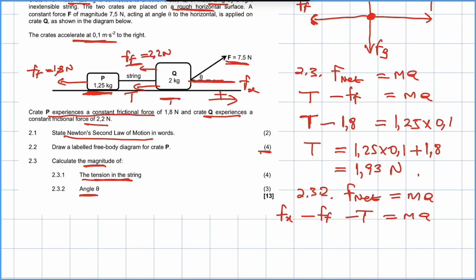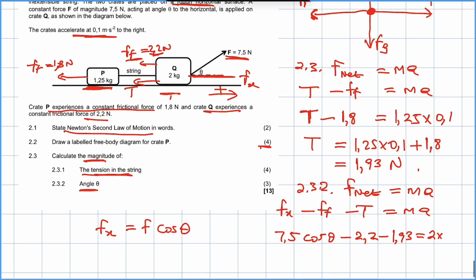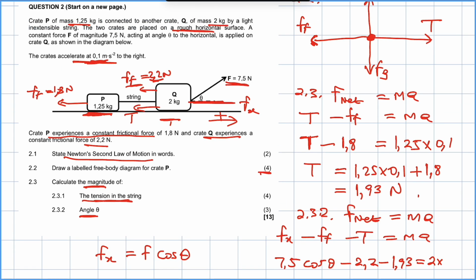Remember Fx is F cos theta. So here F is given as 7.5 cos theta, minus the frictional force 2.2, minus the tension force which we've calculated to be 1.93, is equal to the mass, which is 2, times the acceleration, which is given as 0.1.